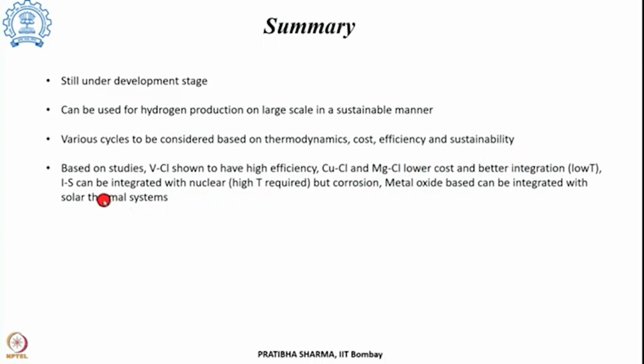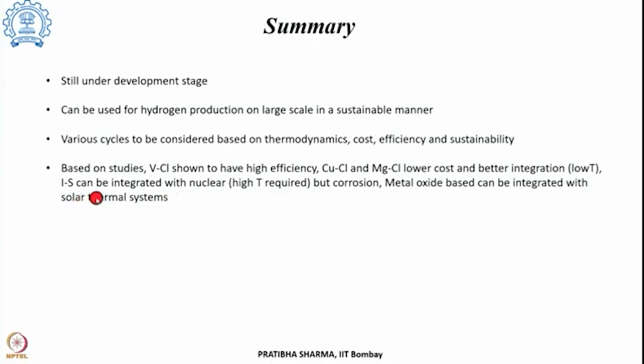Based on the various studies that have been carried out, the vanadium chlorine cycle is known for its higher efficiency. Copper chlorine and magnesium chlorine are cost effective, and since the temperatures involved are lower, they can be integrated with renewable energy, either solar thermal.